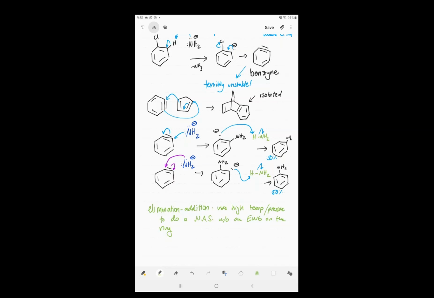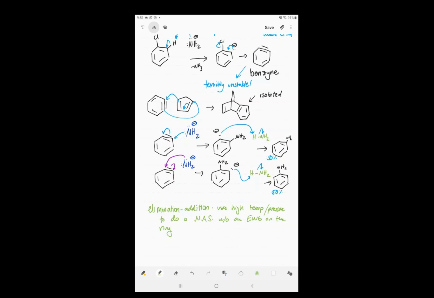So the evidence that we have this benzyne thing: even though we cannot isolate benzyne, we can isolate the Diels-Alder product of benzyne with a diene. So that's our evidence. You do not need to know that, but I think it's pretty cool.